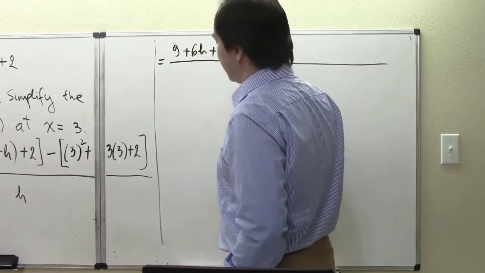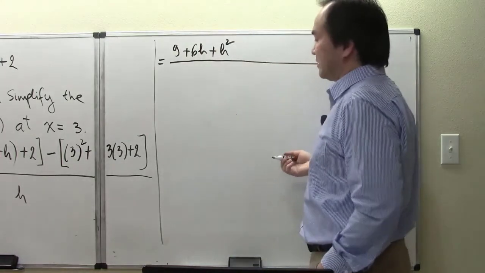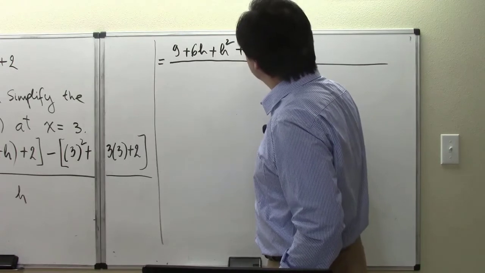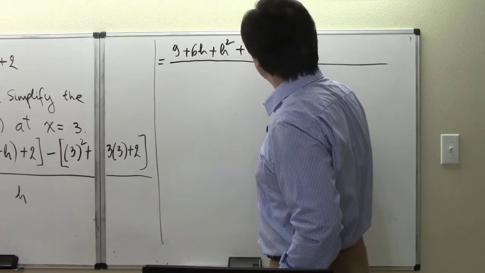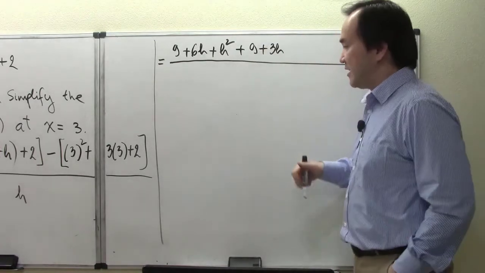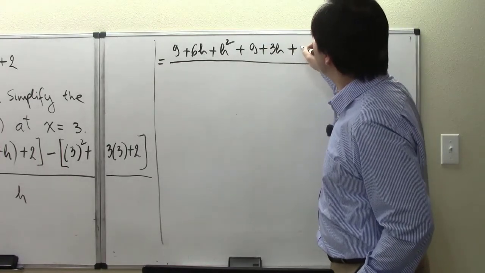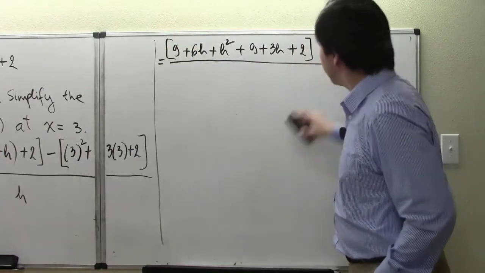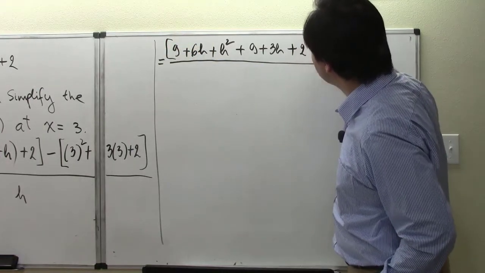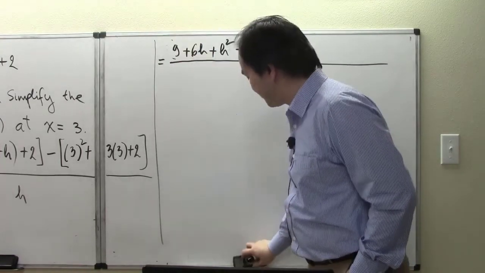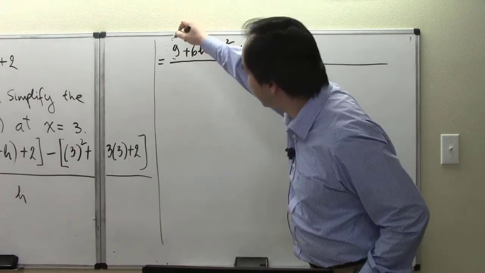Okay, and then the 3 times, so I'm going to look at 9 plus 3h after distributing the factor 3 into the two terms 3 plus h, and plus 2. This is all after FOILing out and distributing. Okay, and I shouldn't be using brackets here, just parentheses. It's good enough.